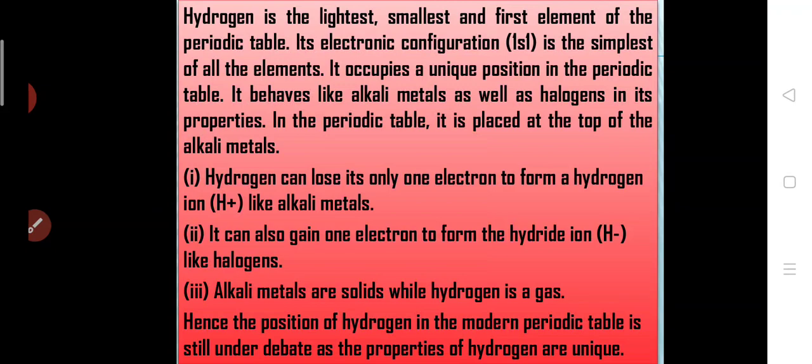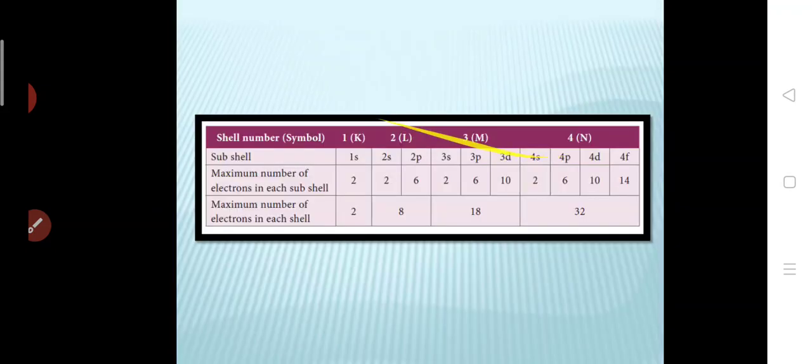It can also gain one electron to behave like a halogen. Alkali metals are solid while hydrogen is a gas. So it is still a confusion whether to place hydrogen along with the halogens or along with the alkali metals. It is still under debate. So we don't have a proper unique position for hydrogen in the periodic table till now.